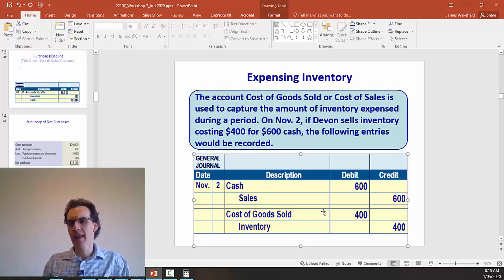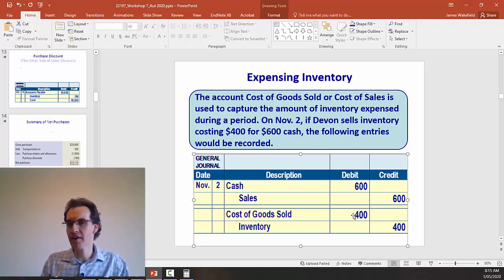The cost of goods sold account relates to the cost of selling inventory that is associated with the generation of sales revenue. So when we sell inventory items, the value of that inventory leaving us ends up in the cost of goods sold account.